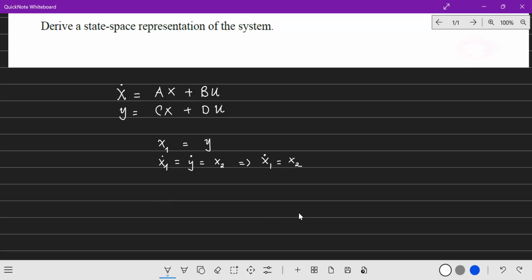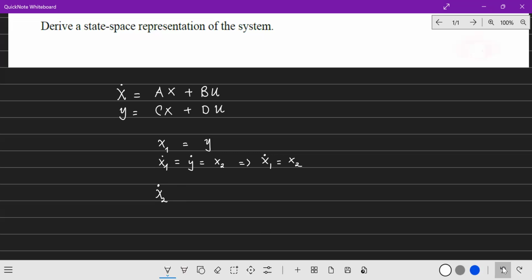And then similarly, what if I differentiate again? I can differentiate x1 again, x1 double prime, which is y double prime, and this is the derivative of x2. So let's differentiate x2, so x2 dot is x1 double prime.